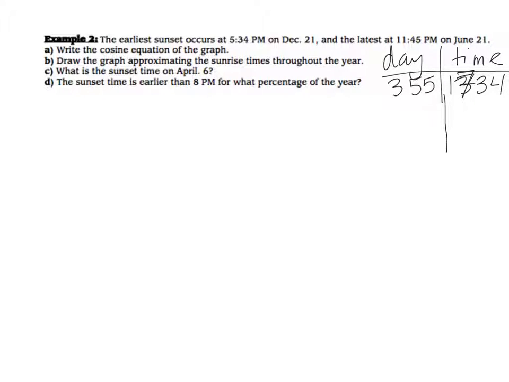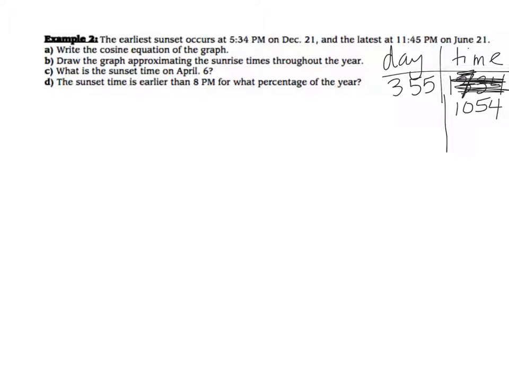You kind of got to think military with this. So you add another 12 hours to that, right? Which is another 12 times 60 minutes. 1,054, because it's 17 hours multiplied by 60 minutes plus 34 minutes.